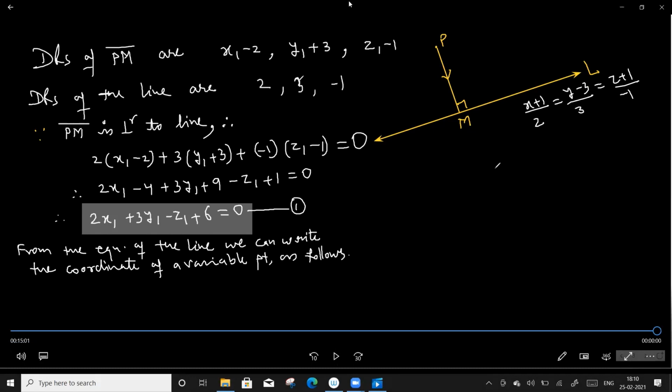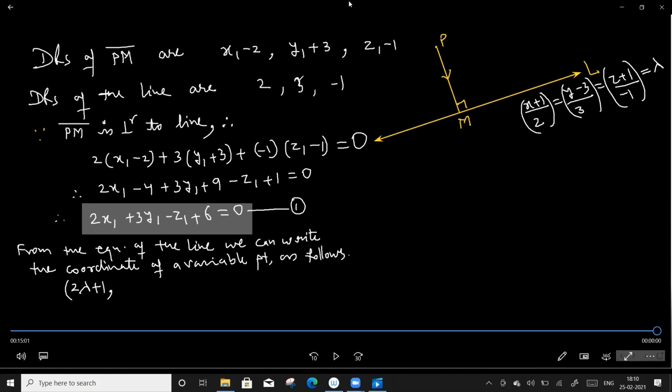What will be the coordinates of the variable point? This is the equation in Cartesian form, and we take all of them equal to lambda. When (x plus 1) upon 2 is equal to lambda, you get x as 2 lambda minus 1.